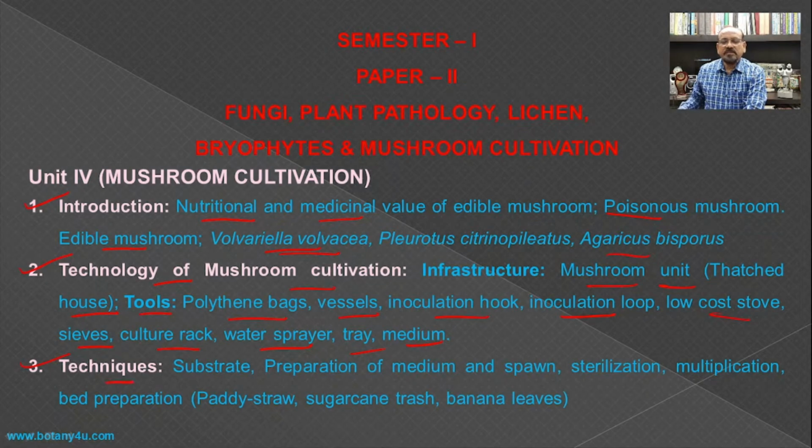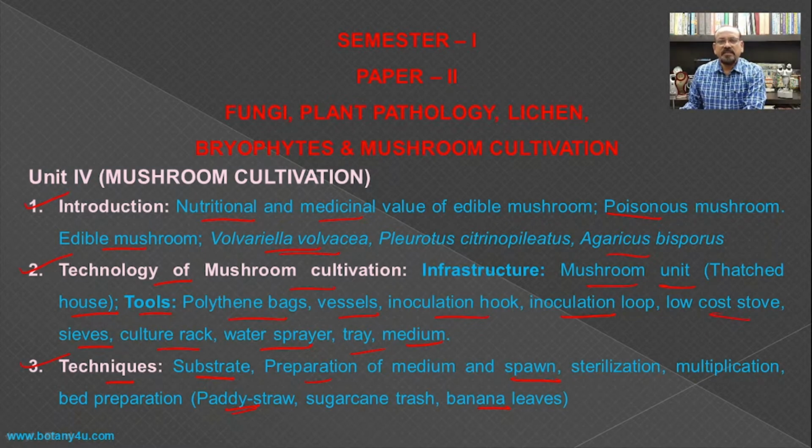And in the techniques, we have the substrate, then preparation of the medium and spawn, sterilization, multiplication of the spawn, bed preparation, which include paddy straw, sugarcane straw, and banana leaves. So these are the usual raw materials which are used in mushroom cultivation.